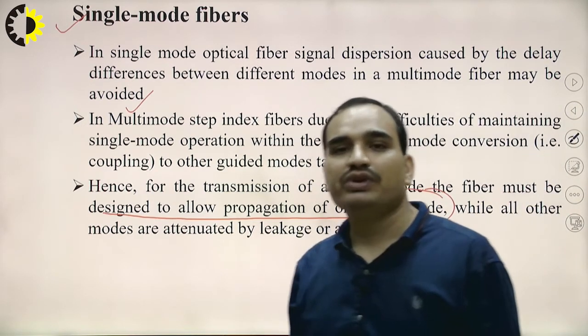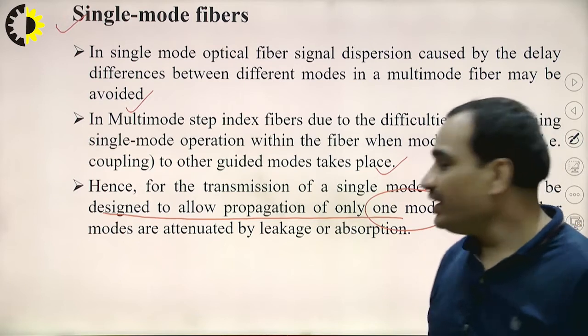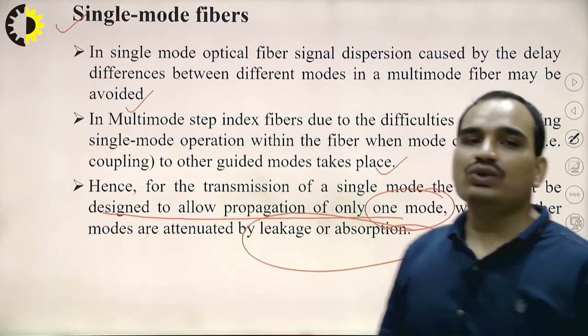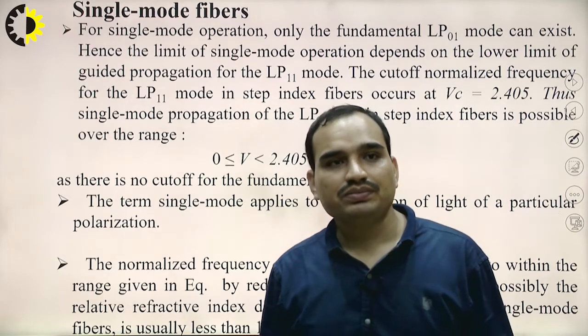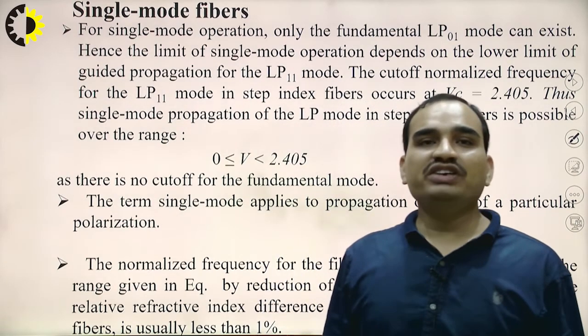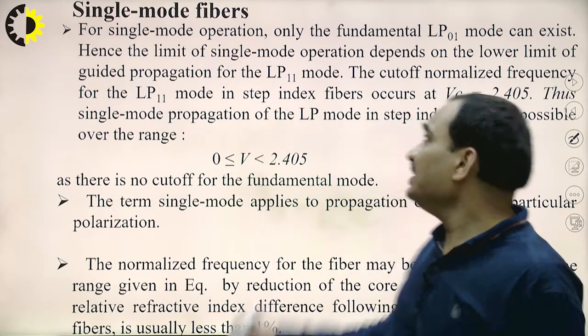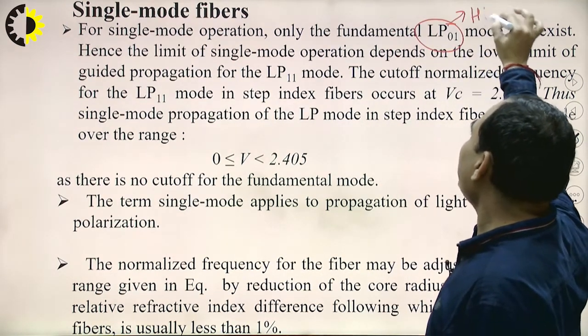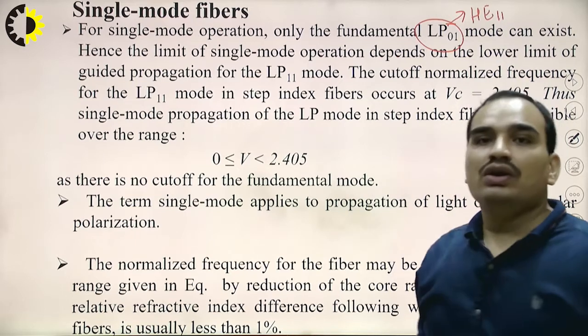So only one mode propagates, while all other modes are attenuated by leakage or absorption inside the core or the cladding. So for single mode operation, only the fundamental mode, that is the LP01 mode, in some cases known as the HE11 mode, can exist.